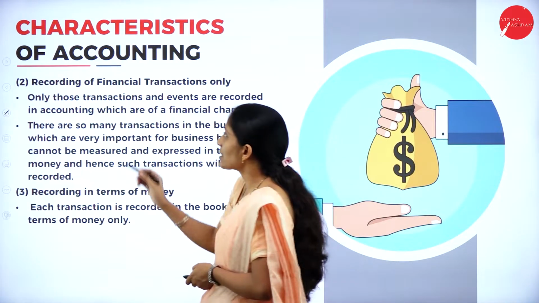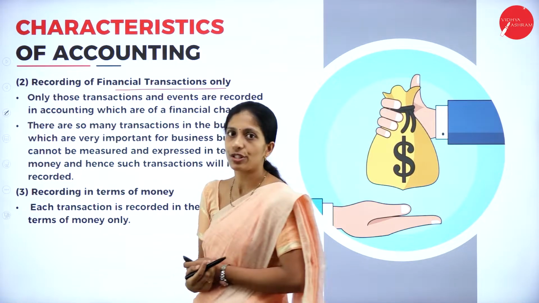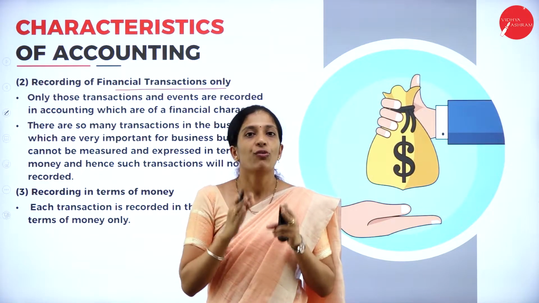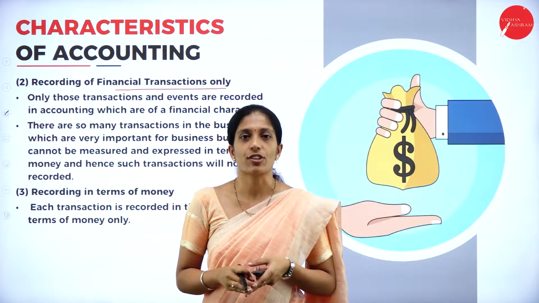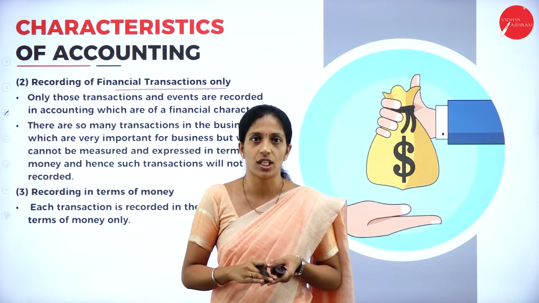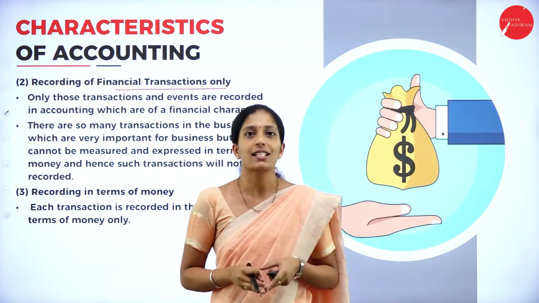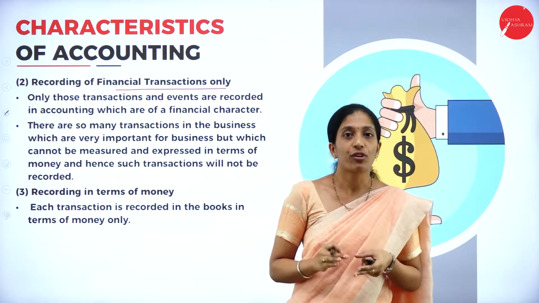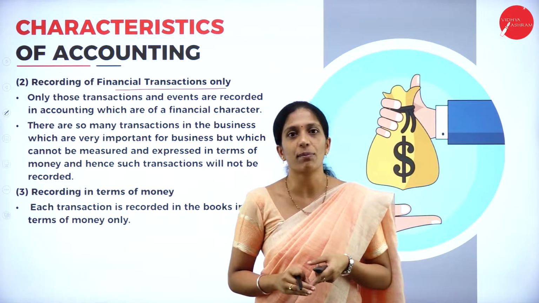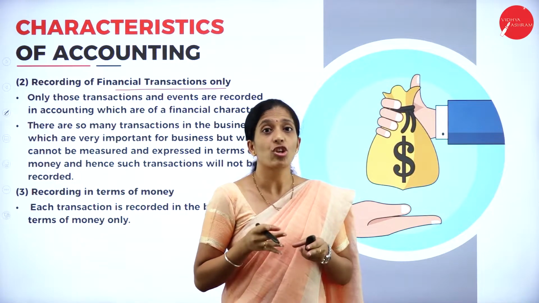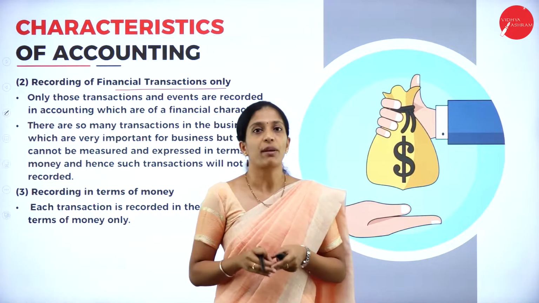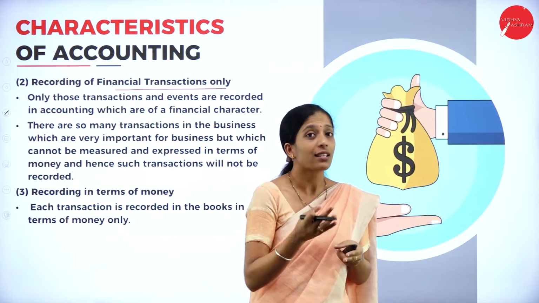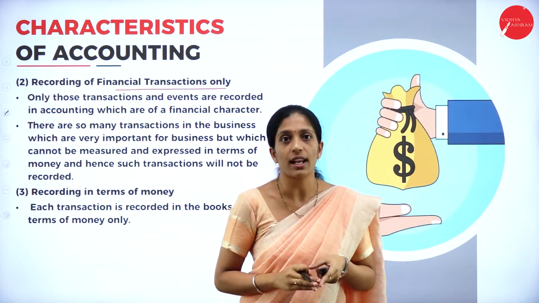The second characteristic is recording of financial transactions only. I have already told you in the definition itself, we will record only those transactions which are financial in nature. As I gave the example, the resignation of an efficient employee will of course affect the profitability of the business. Nobody can replace him because he is an efficient employee.